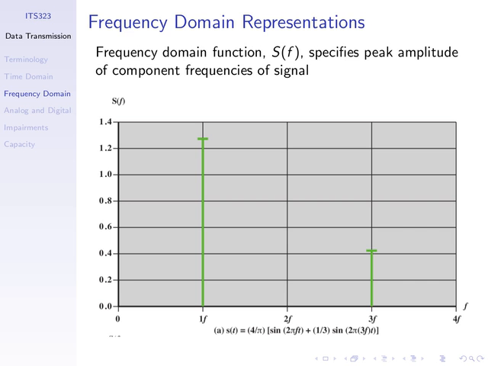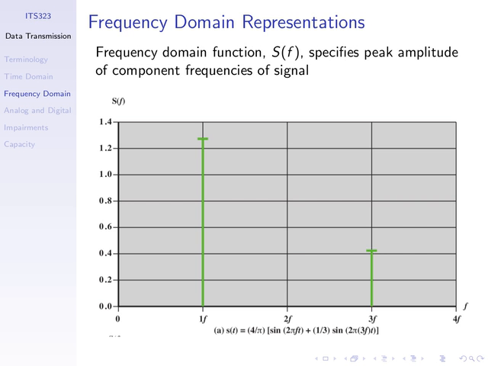Let's try our component signal. What do we have? When we added these two together, we got sine 200 pi t plus 1/3 sine 600 pi t.